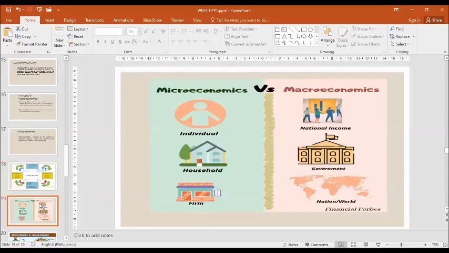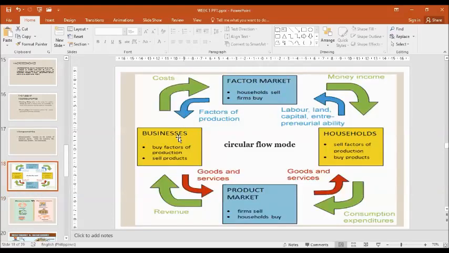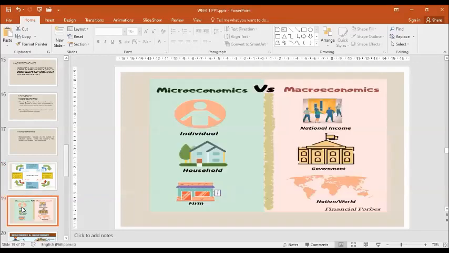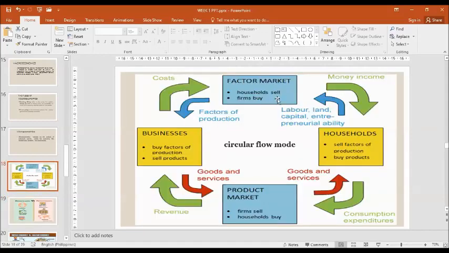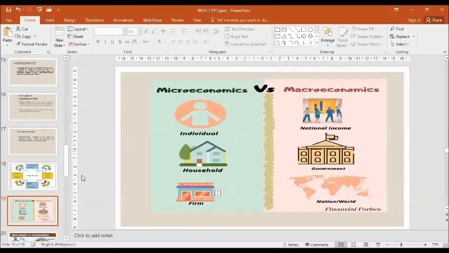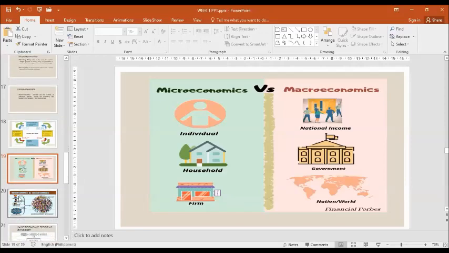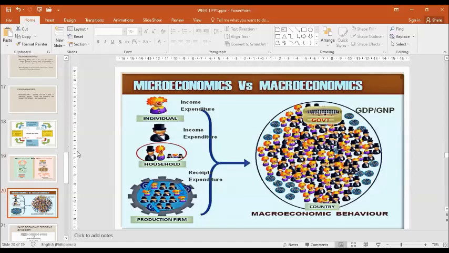But when we include macroeconomics, here, from the income of the businesses and the income of households from their labor or their land, the income that they gain from rental of their land and also their entrepreneurial ability, we see how the government receives income through the collection of taxes from businesses and households. Okay.